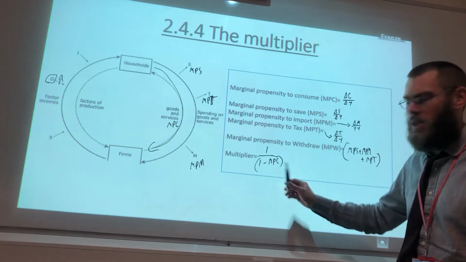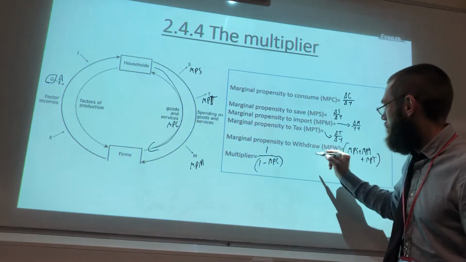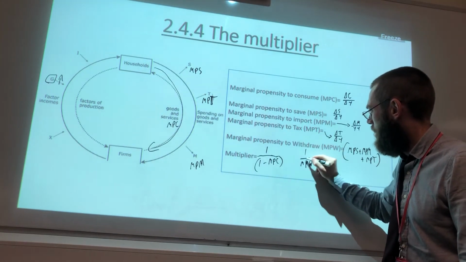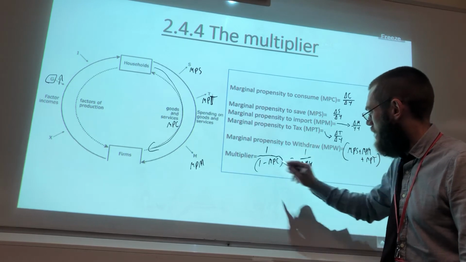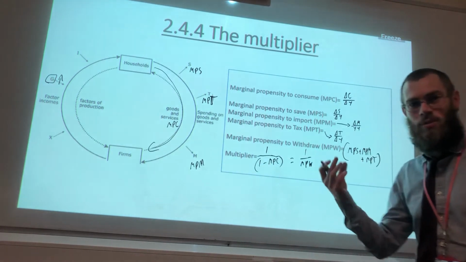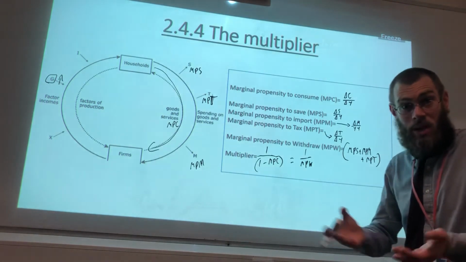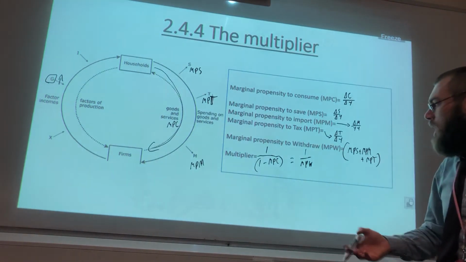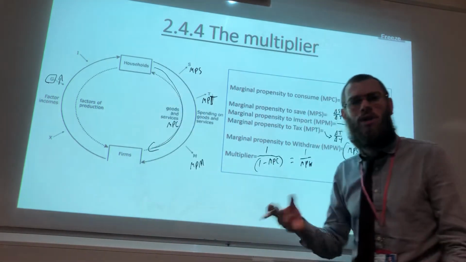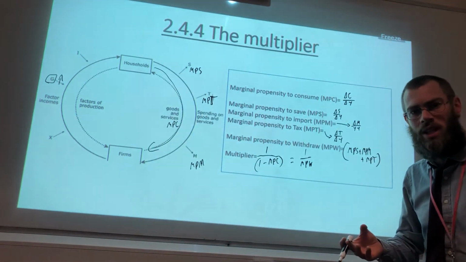It actually represents MPW. So we can have 1 over MPW, and these 2 formulas will give you the exact same result. They calculate the same thing. What that tells us is how many times this money flows around the system, and how much extra spending we are getting.